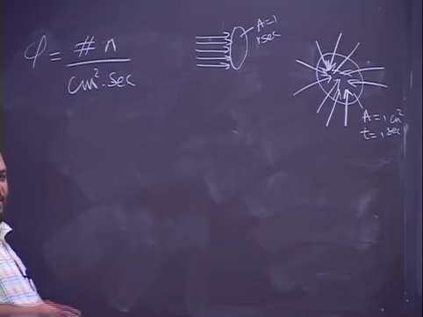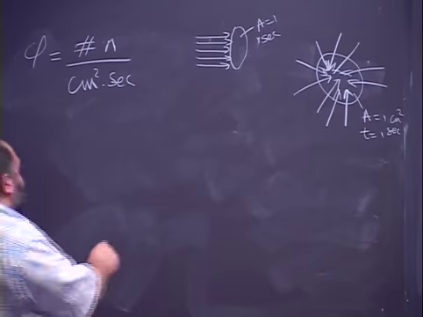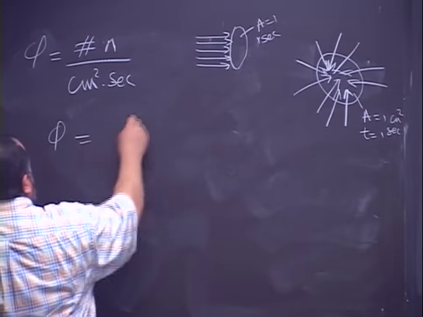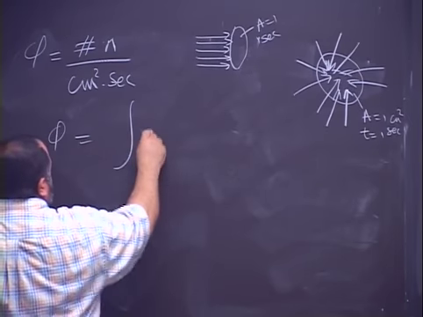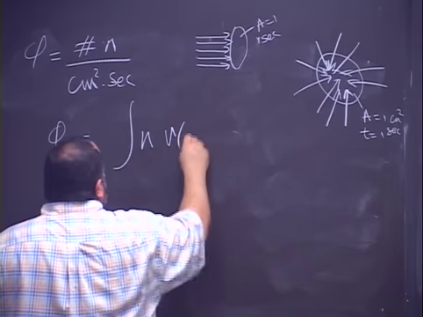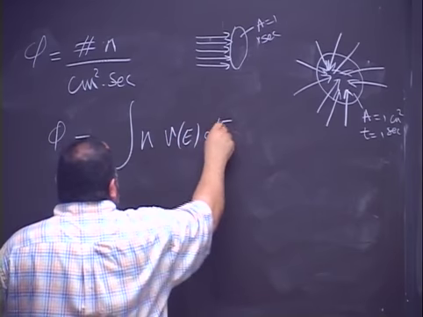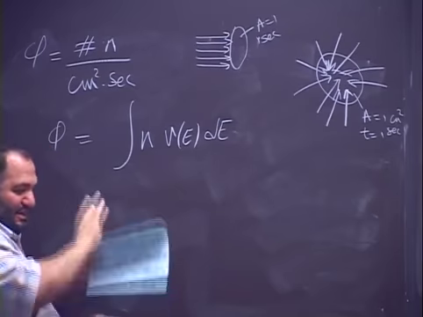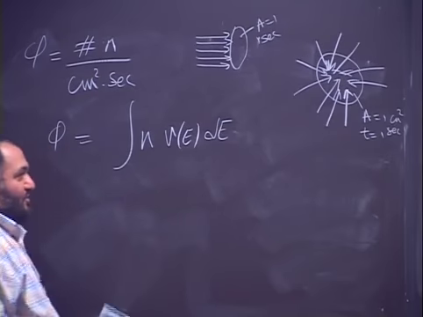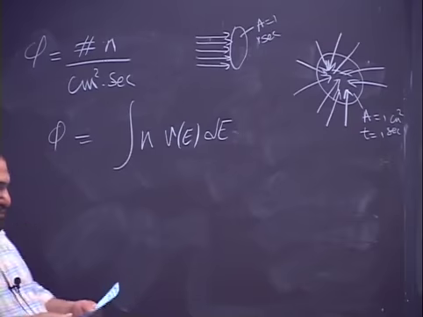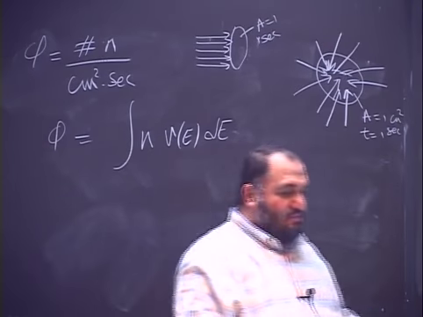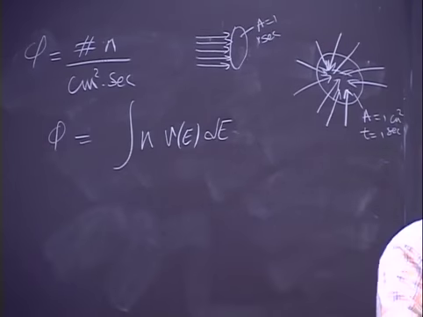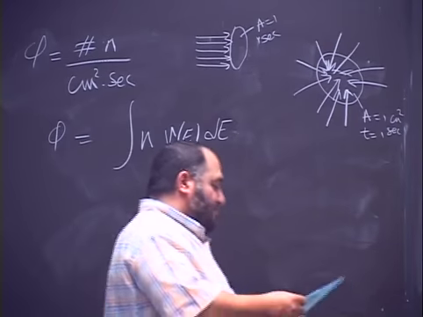Otherwise, if you have different energies, the flux will be the integration over energy of N V of E dE, something like this. I do not want to bother you right now, I'm just giving you a refresher. So let's move on and explain what we mean by cross-section.